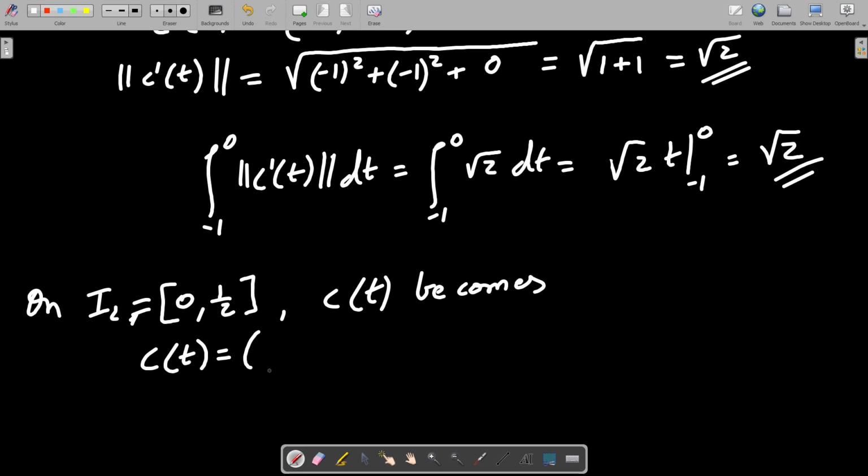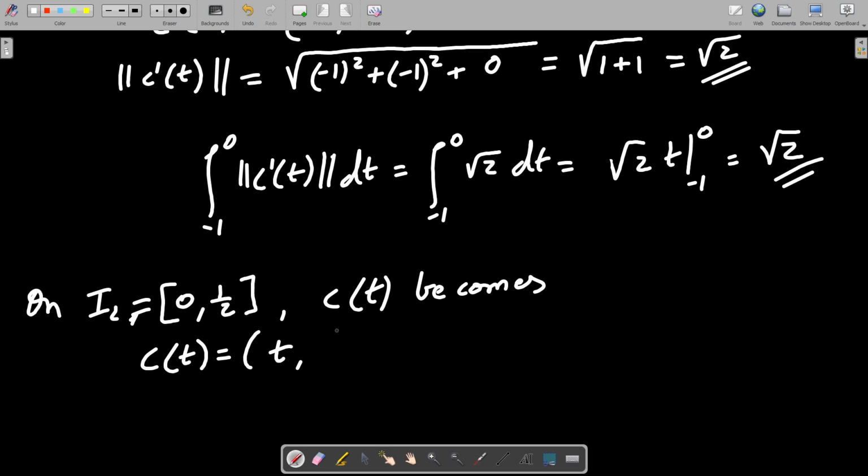What will C(t) become now? Modulus of t is greater than 0, so this will become plus t.